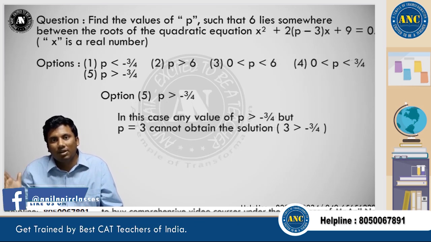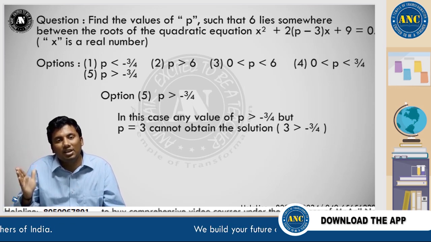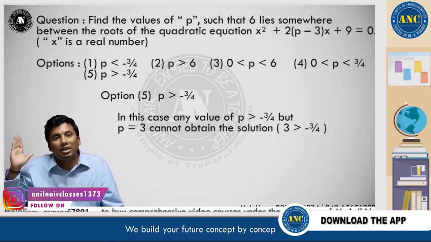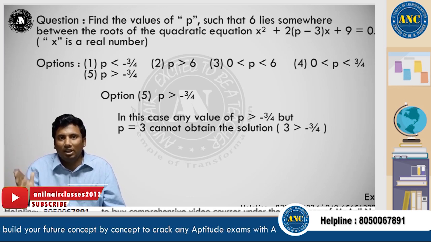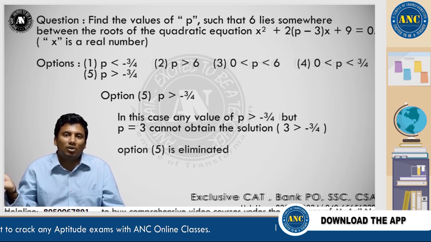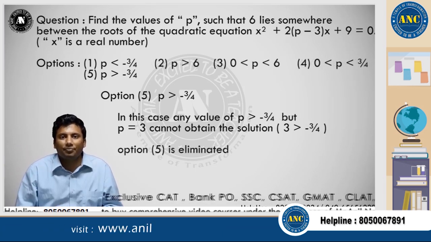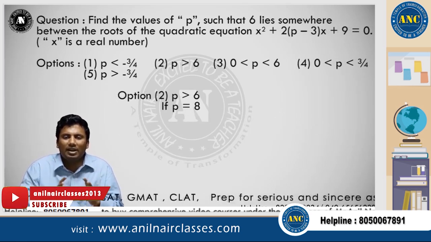See the fifth option. Fifth option is saying p greater than minus 3 by 4. That means he is saying any value greater than minus 3 by 4. Is 3 greater than minus 3 by 4? Yes, but 3 is not giving me the answer. So option 5 is also ruled out when p equivalent to 3. Check the second option. Second option is saying p is greater than 6.